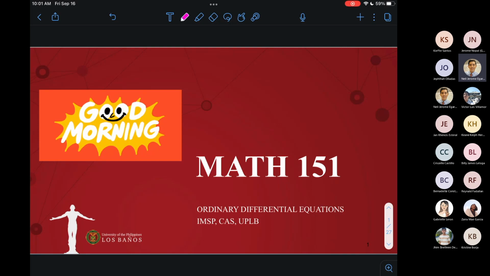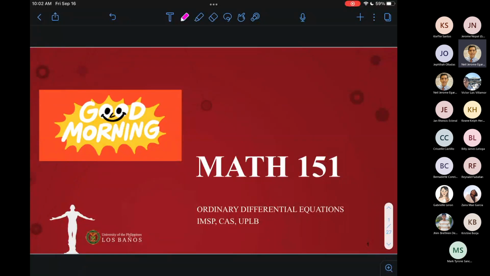Kasi nga medyo methods course itong Math 151. We'll try to develop solution schemes in answering different ordinary differential equations. And then the second question is, ilan yung available solutions, right? The ideal case is that there should only be a unique solution to an ODE, pero you know that simple ODEs will have infinitely many solutions.